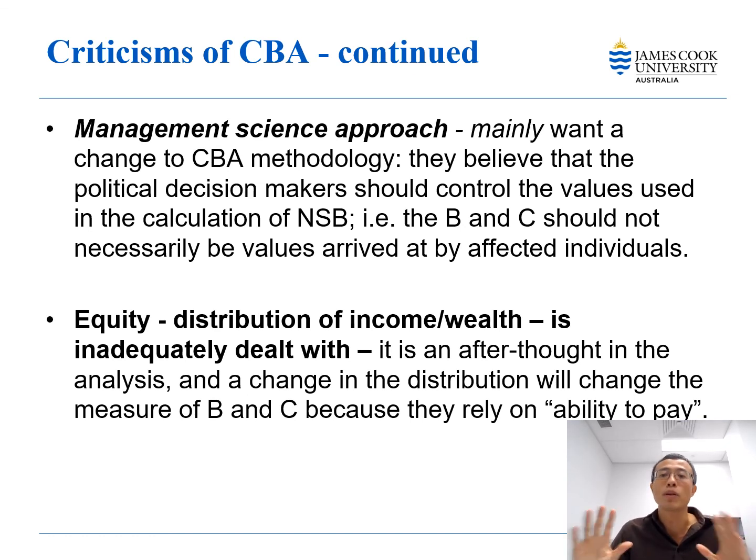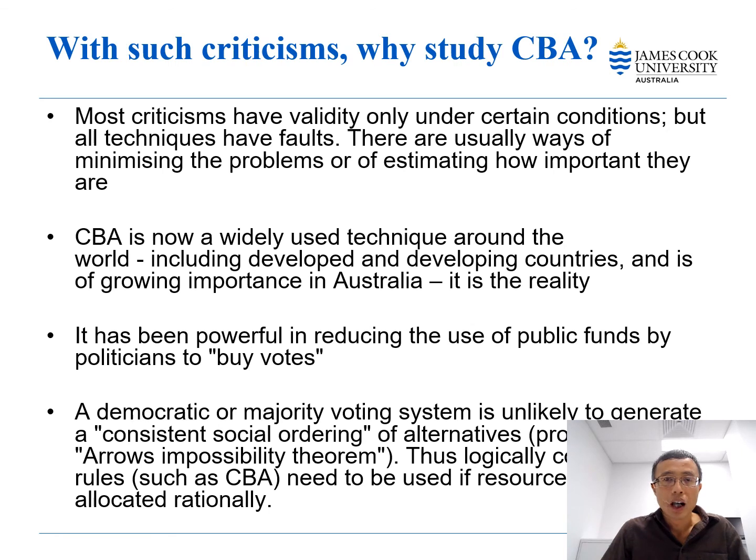If you are evaluating a small project that has negligible income distribution effect, you might ignore it altogether. If you perceive the project can have a substantial implication for income distributions or equity, then practically you just devote a section to discuss it, and this may not be sufficient. So there are quite a few criticisms of CBA.